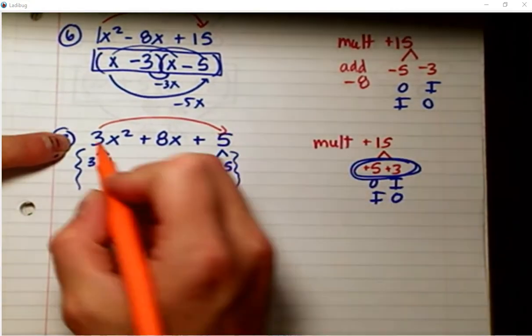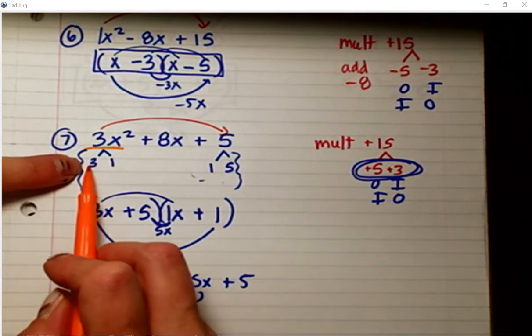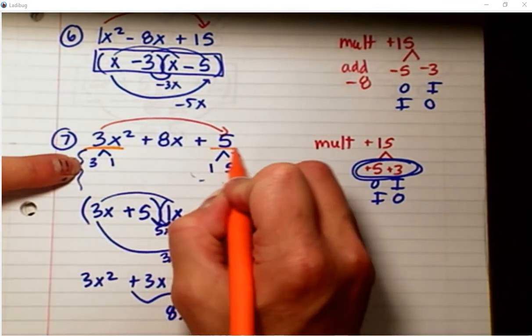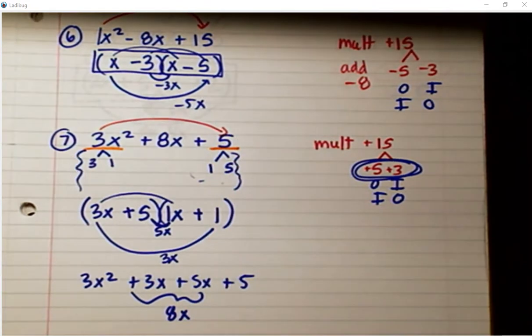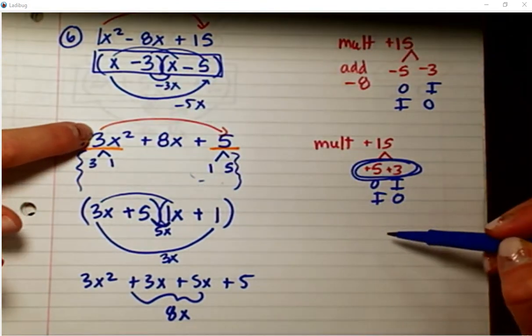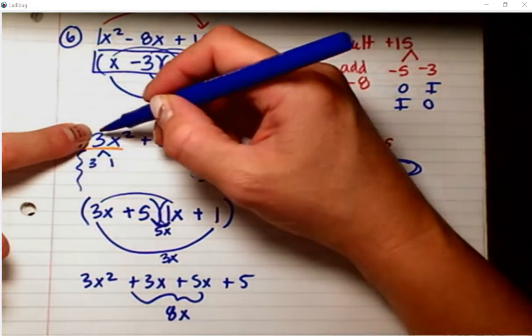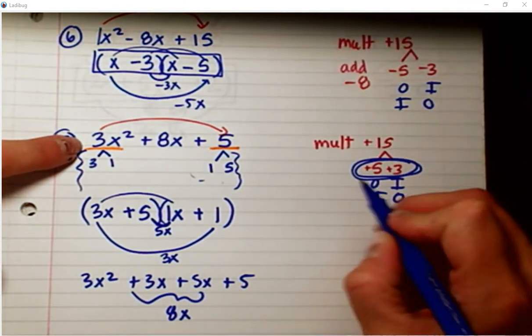So right here, how do you multiply to get 3x squared? 3 times 1. How do you multiply to get 5? 1 times 5. Maybe you still have a lot of guess and check to do. So you still consider what your inner and your outer are supposed to be. Multiply AC. That gives you 15. Add to 8.